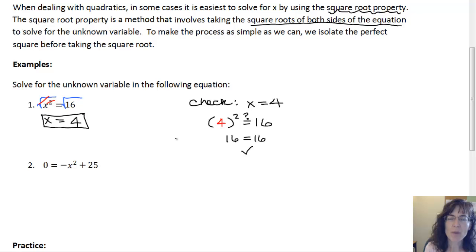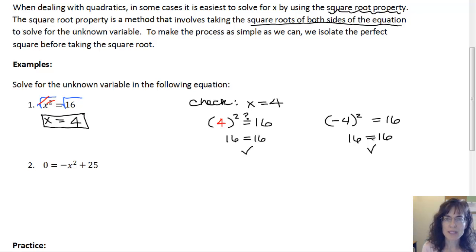Now, we might remember that there's another way that we can find a number squared to equal 16, and that's if we have a negative 4 and square it. That'll also be equal to 16, because negative 4 times negative 4 is a positive 16. So that would also be a solution.